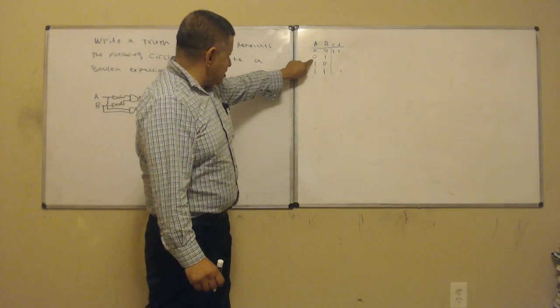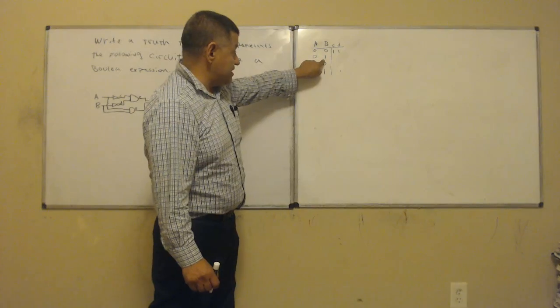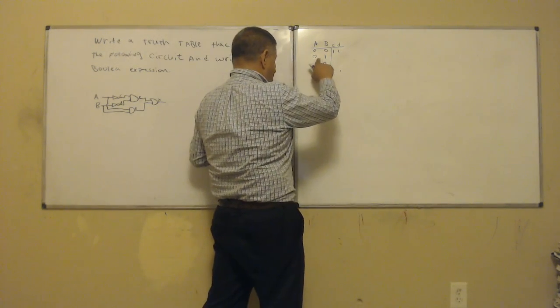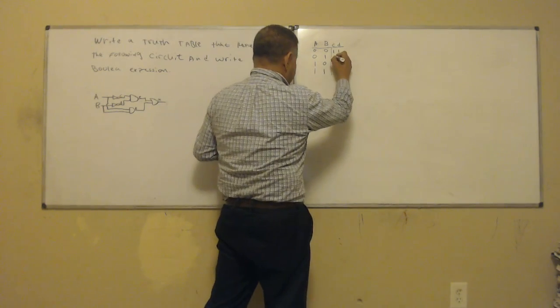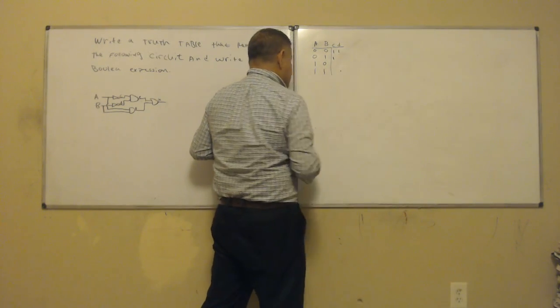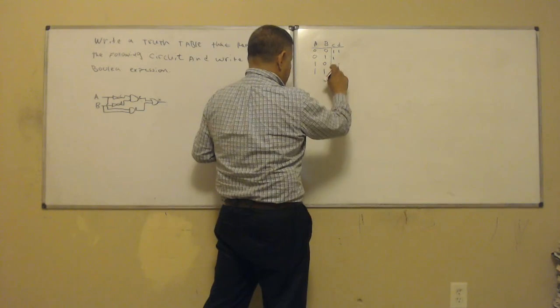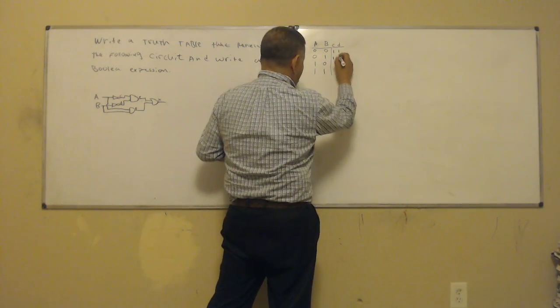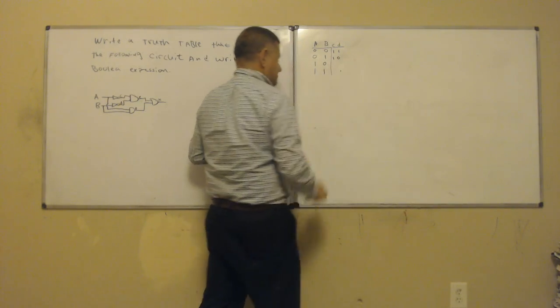I say that 0 is equal to no, 1 is equal to yes. So I say yes is equal to 1 over here. And this yes over here is equal to no over here. So I put a 0 in there.